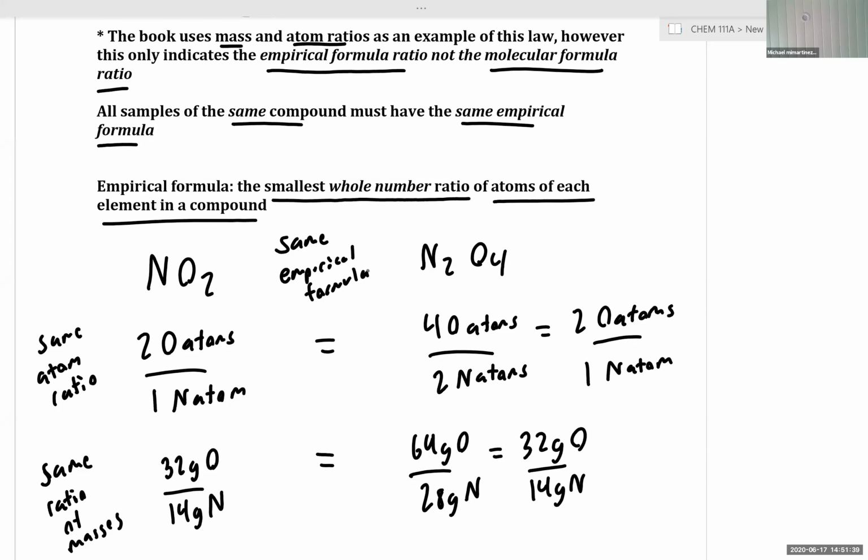Often when we run experiments, we can only really detect mass ratios. So we have to use a few other methods that we'll talk about in later chapters to tell these two compounds apart. Does this idea make sense to everyone? Does everyone notice how ratios of atoms and masses can be the same for certain pairs of compounds?